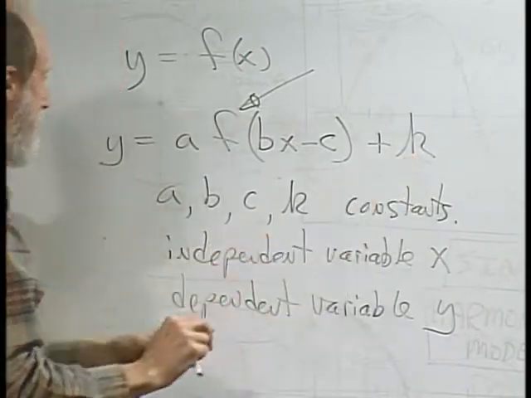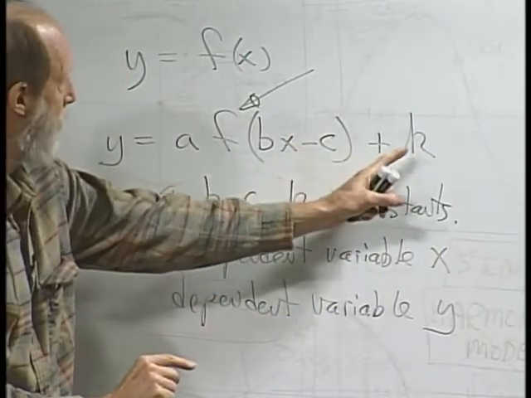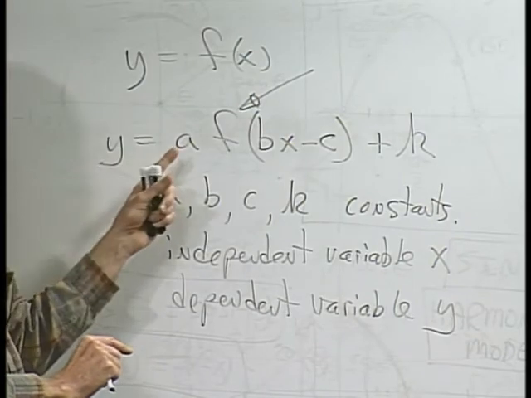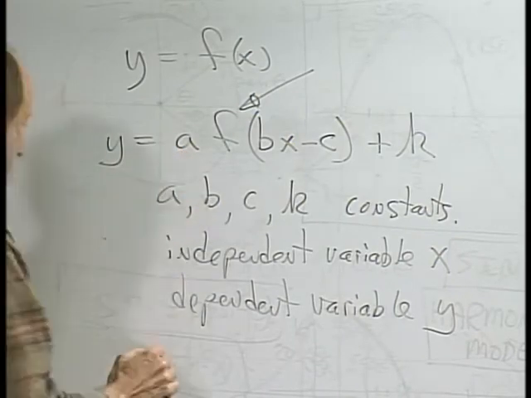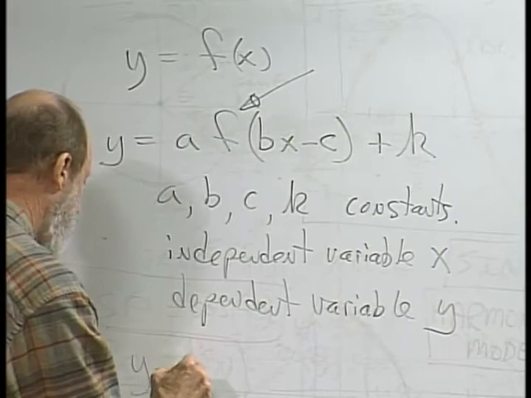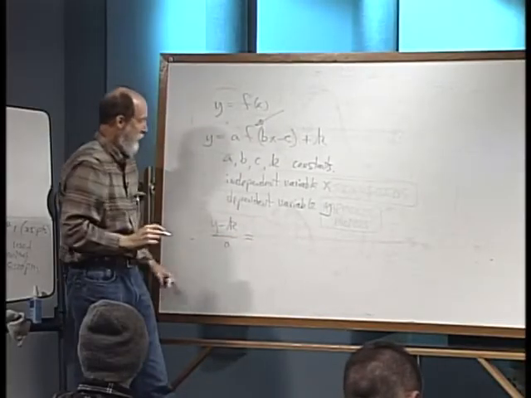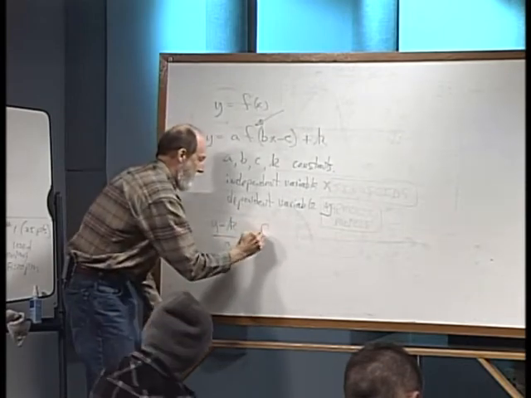Okay. So what I'm going to do is algebraically subtract k from both sides, move it over here, and then divide both sides by a. And what we're going to get is this. And that's equal to this.